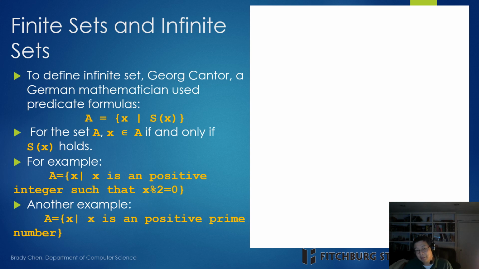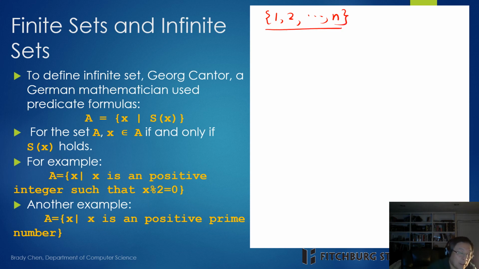So we have seen that for a finite set, the set which contains a finite number of elements, it's pretty straightforward. We can always map any finite set to a set of 1, 2, 3, 4 to n.